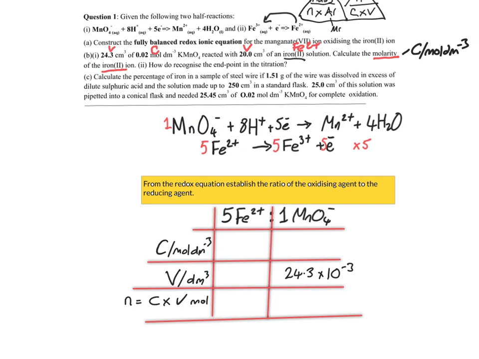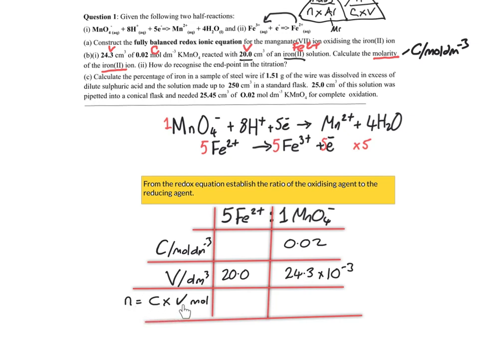We also know the concentration of the potassium manganate, that is 0.02 moles per dm cubed. We've also been given the volume of the iron 2 solution, which is 20 centimetres cubed. With that information, we've got 2 out of 3, and therefore we can now work out the amount.